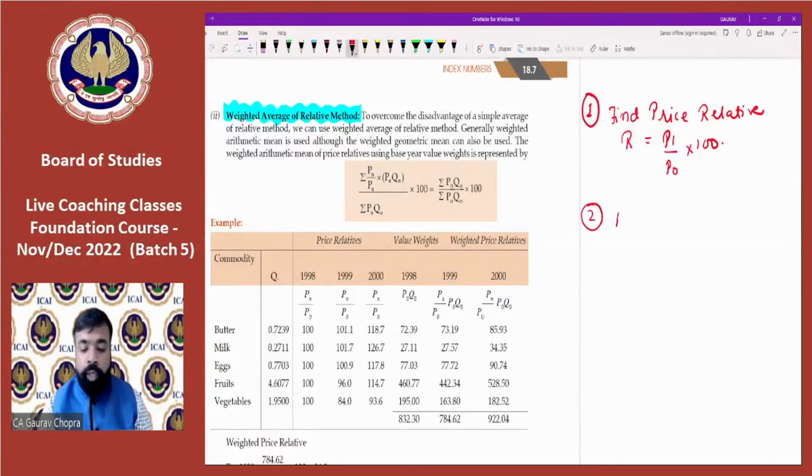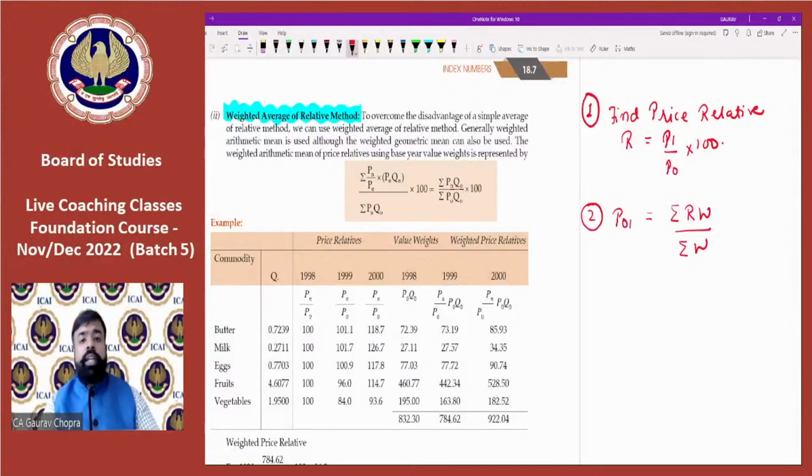And then the second one, find P01. So how to calculate P01? It is sigma RW upon sigma W. This is exactly the same formula as weighted average.